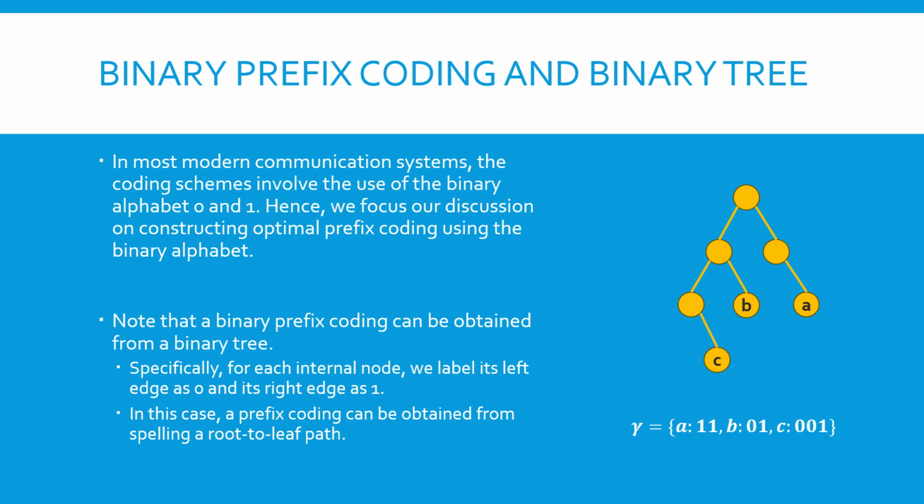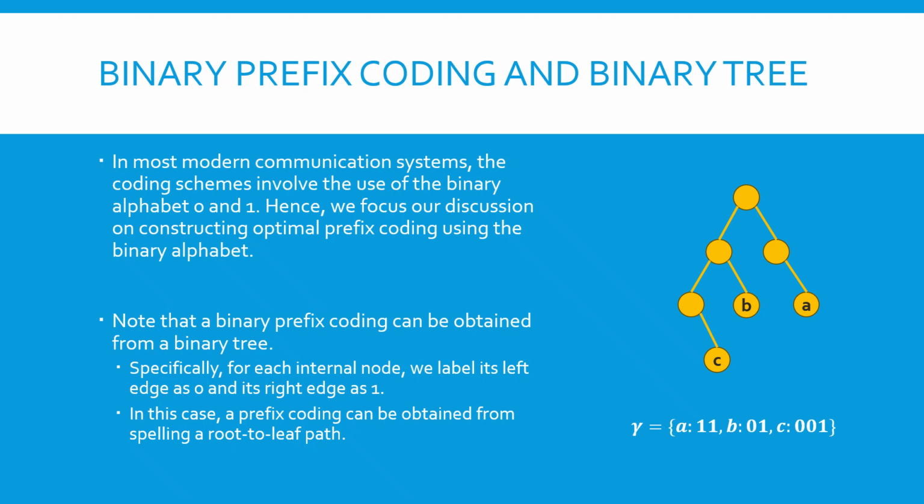We now examine key properties of optimal prefix codes, which naturally lead to the corresponding algorithm. Since modern communication systems use binary representations, we focus on binary prefix codes, where code words consist only of zeros and ones.